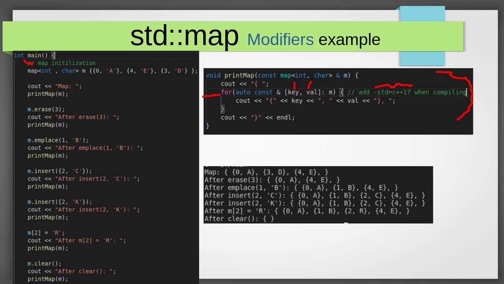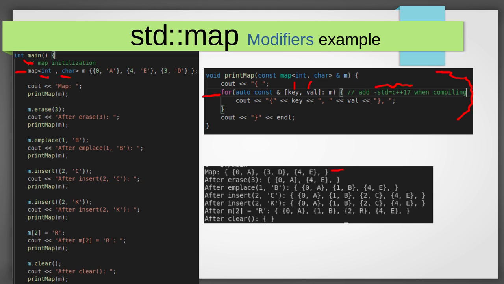The main function is using this function, print map. The first line is a declaration of the map, and the key is of type integer. The value is of type character. And this map initially has three pairs.